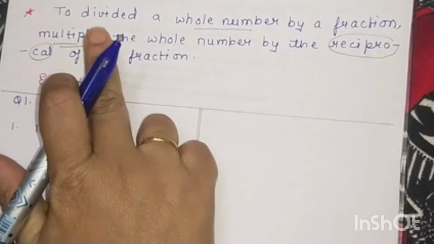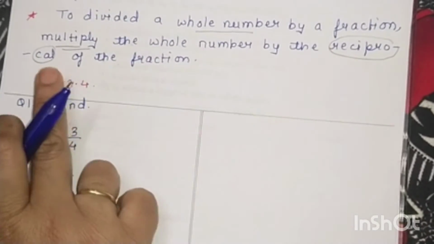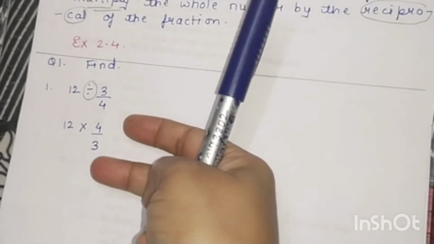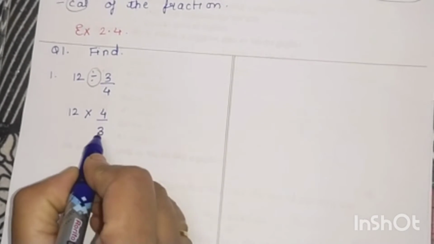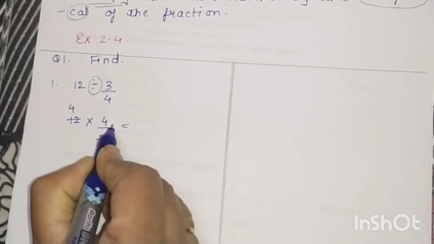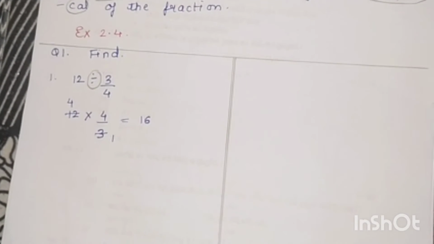Because we have written that to divide a whole number by a fraction, we multiply the whole number by the reciprocal of the fraction. All of you know 3 ones are 3, 4 fours are 16, and this is our answer. Clear? So this was the first sum. Let's solve the second sum.